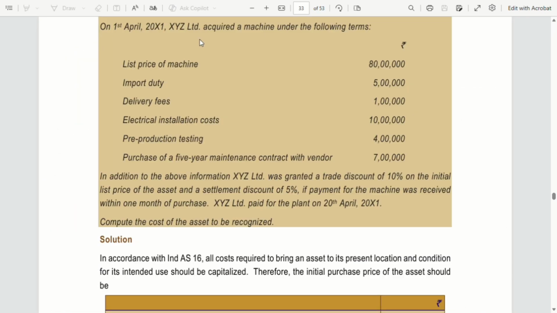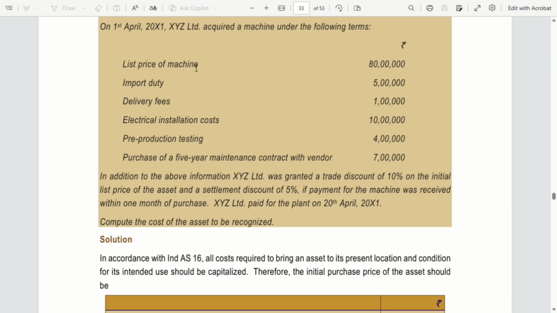On 1st April 2021, XYZ Limited acquired a machine under the following terms. List price of the machine is 80 lakhs, import duty 5 lakh, delivery fees 1 lakh, electrical installation cost 10 lakh, pre-production testing 4 lakh. Okay, so let's decide which cost can be included and which cannot.